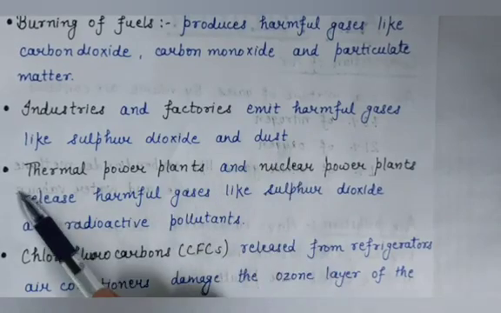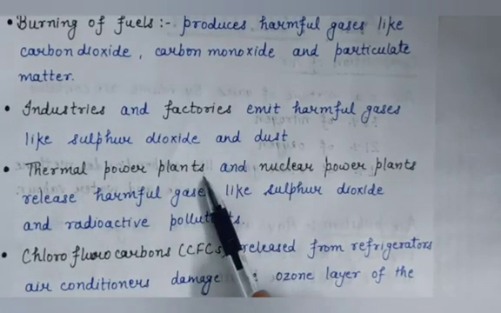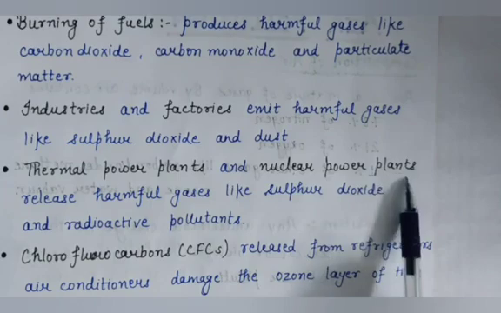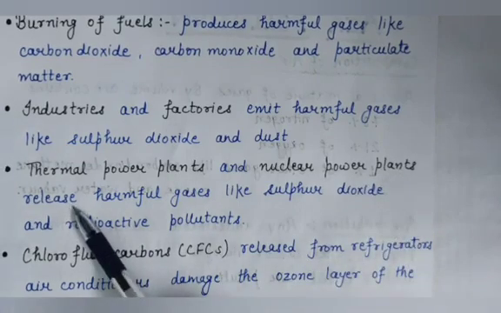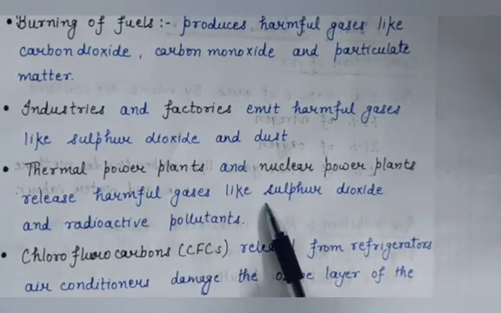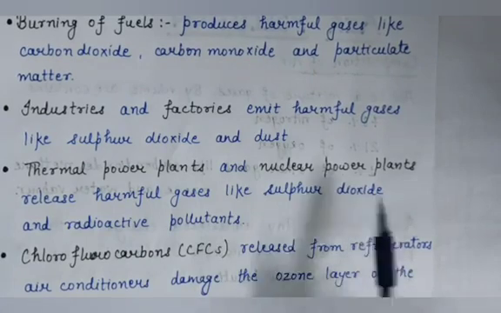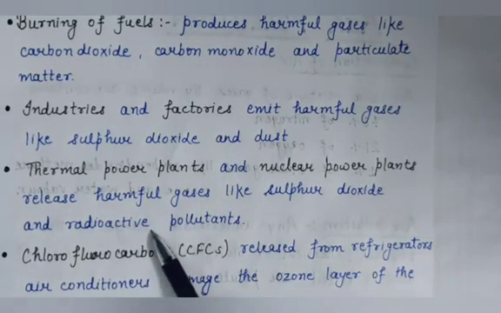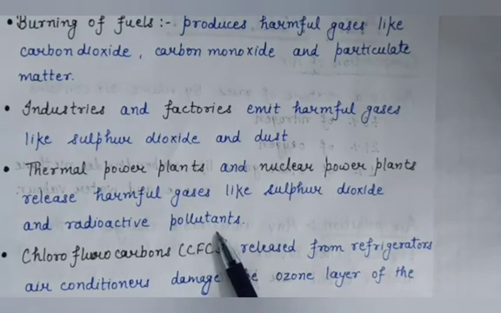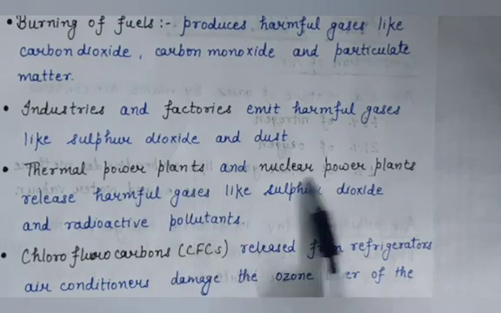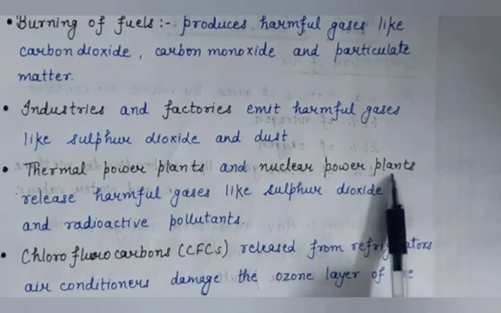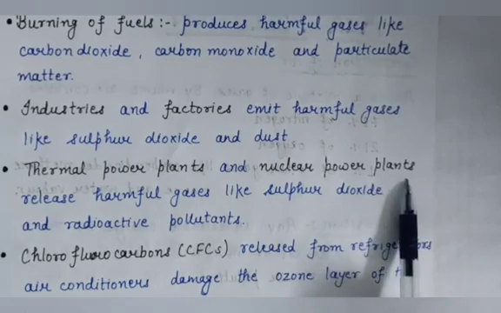Okay, and next is thermal power plants and nuclear power plants release harmful gases like sulfur dioxide and many radioactive pollutants which are harmful for the air. So in this way, thermal power plants and nuclear power plants are also responsible for air pollution.